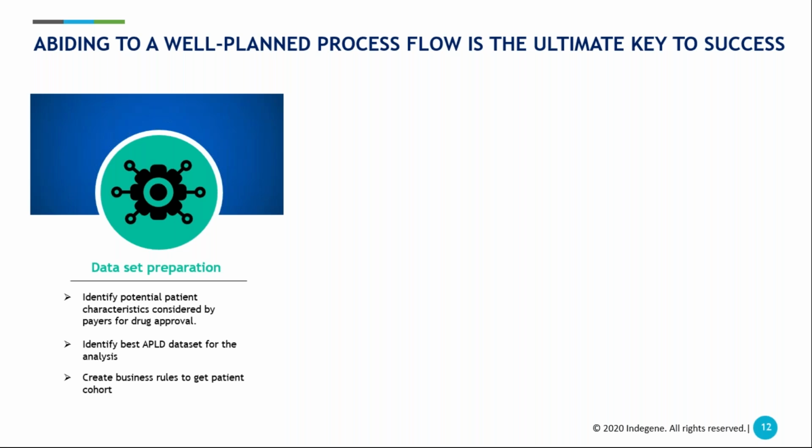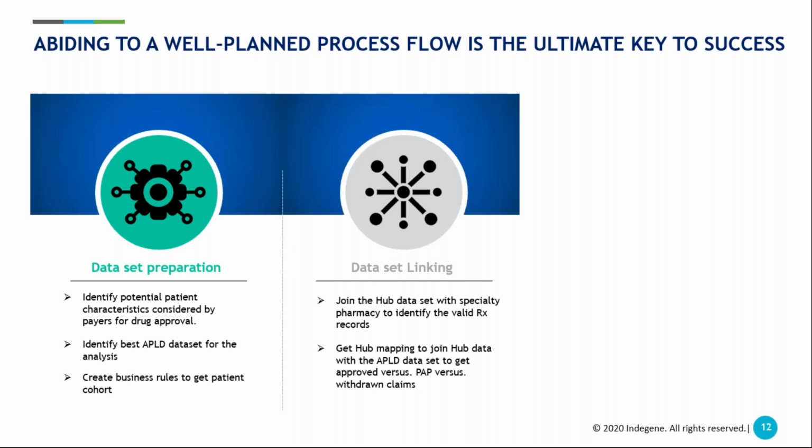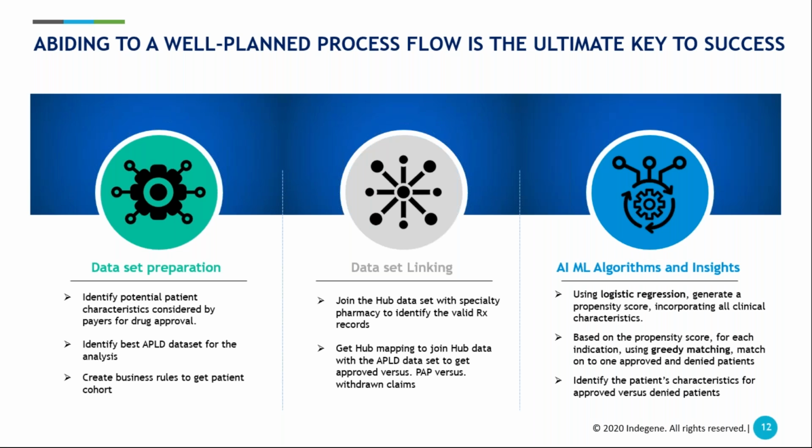Then, since we have a variety of claims and EHR data available to us, the next step was to select which of these datasets would be the most suitable for the analysis. And once we had finalized the APLD dataset, the final step was to create the business rules so that we can handle the data nuances and get the most relevant patient pool. With all this done, the next step was to link my APLD dataset with the hub and specialty pharmacy dataset to get exhaustive information, on which we would further apply different ML techniques to get the insights that the client is looking for.